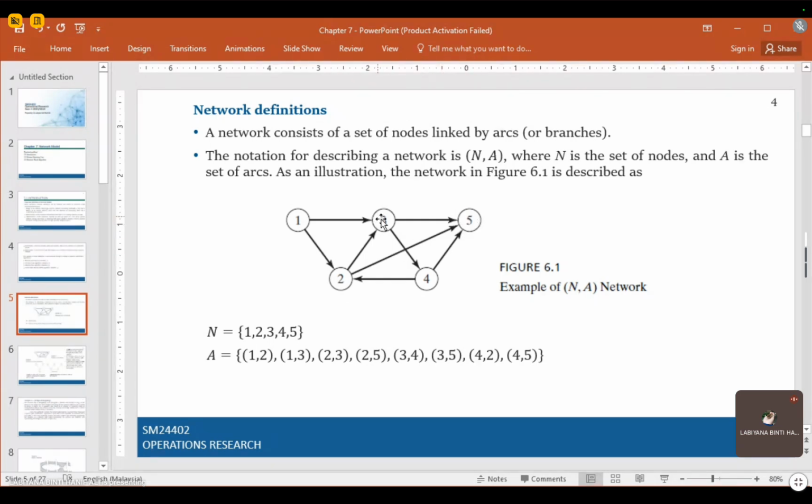Node 3 to node 4, node 3 to node 5, node 4 to node 2 and node 4 to node 5. It's very easy. You just need to remember that N is the set of nodes and A is the set of arcs.